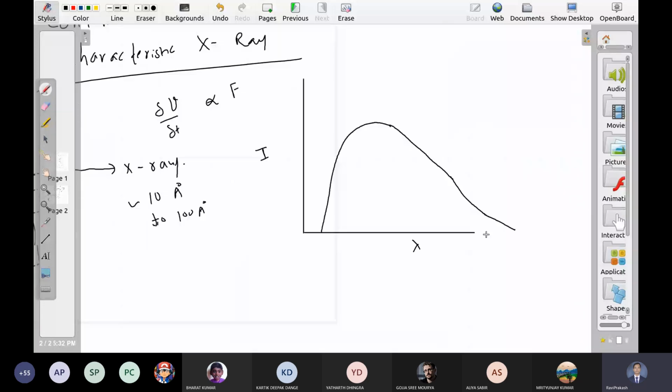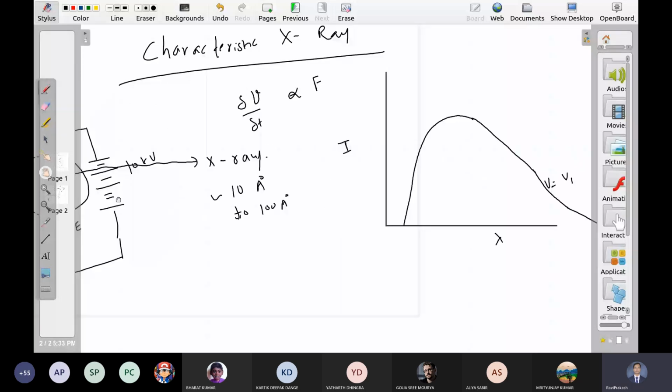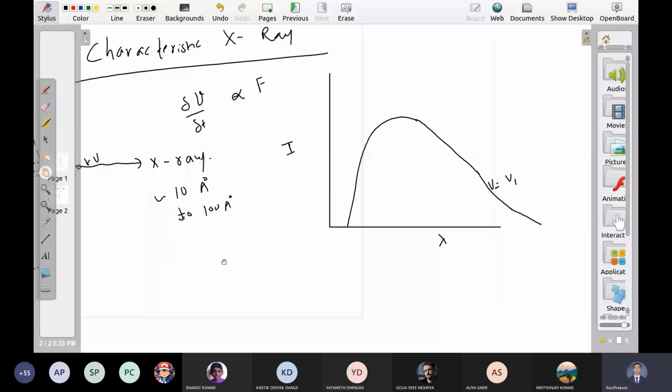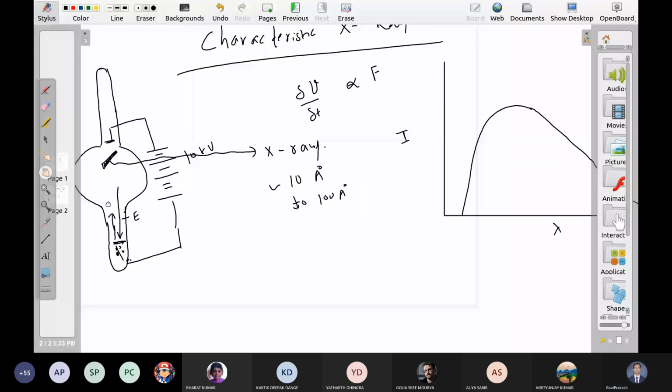This is at some potential B is equal to V1. आपने कुछ बैटरी पे, let us say you applied 10,000 volt, and we get a graph like this. If I increase the potential, I mean if I increase the electric field, or if I give more and more energy to electrons, this graph is modified.